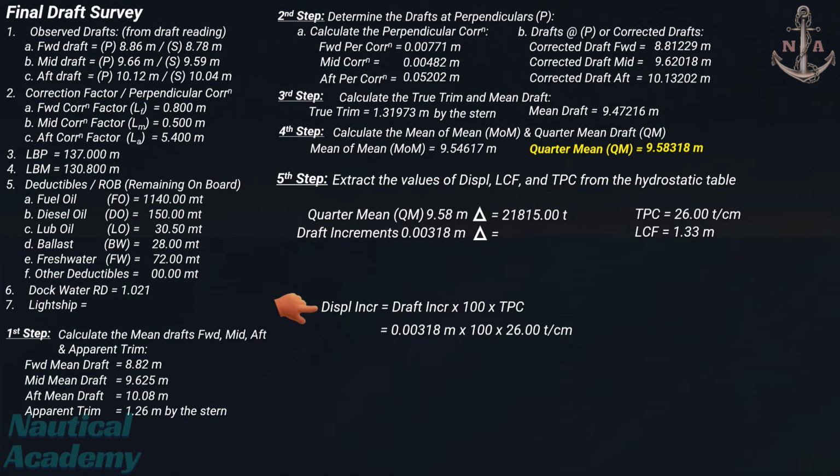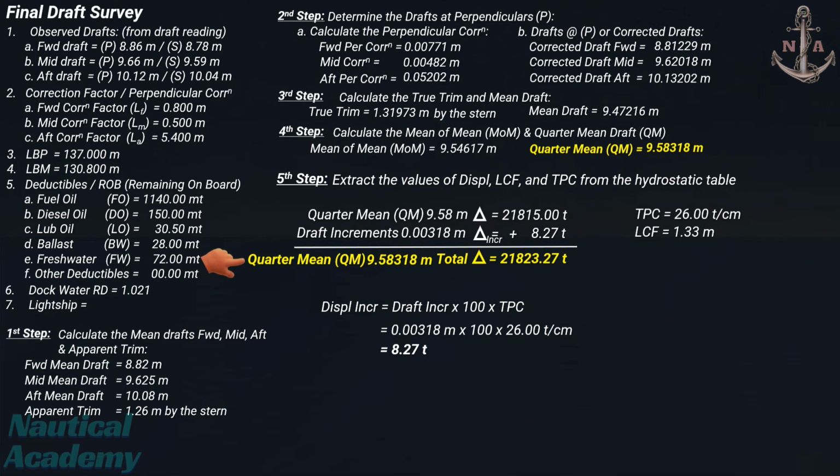This gives a displacement increment of 8.27 tons. Adding this to the extracted displacement at 9.58 meters, we get a total displacement of 21,823.27 metric tons. This is now the ship's displacement at a quarter mean draft of 9.58318 meters.